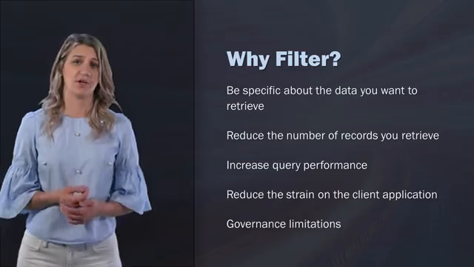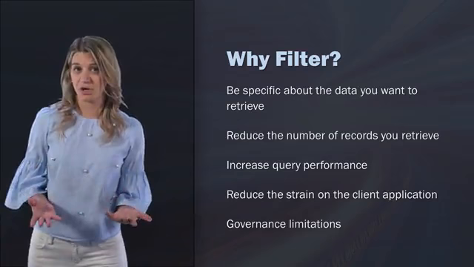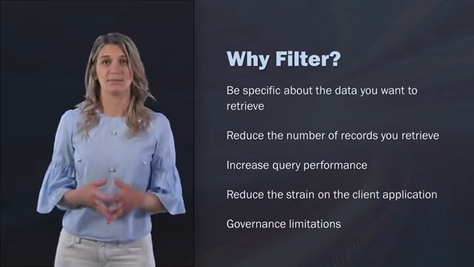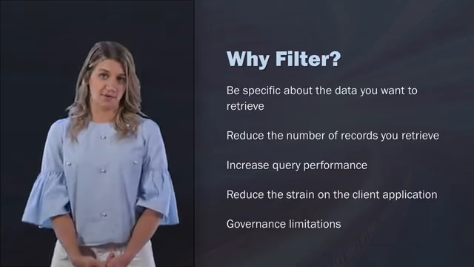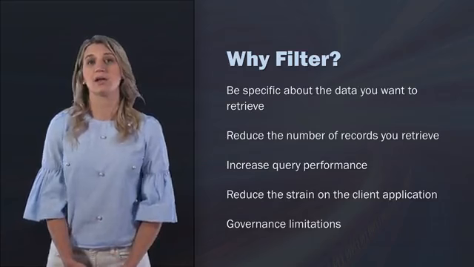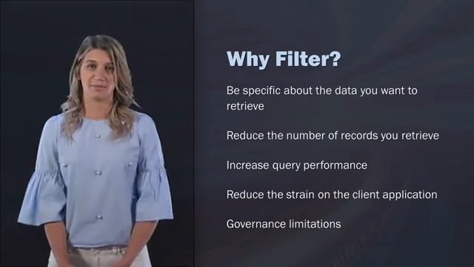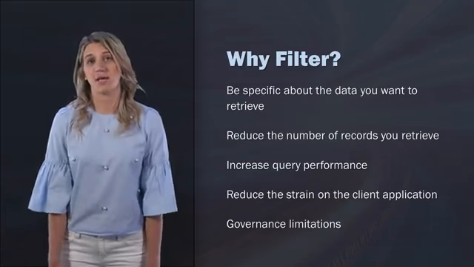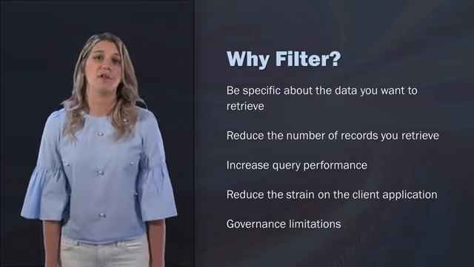Reducing the amount of data you're analyzing will of course speed up the query performance, which in turn will speed up our overall processing. It also helps when we add the filtering at the database level because this reduces the strain on the client side of the application, which will also allow it to run better. Before you pull a whole table into a program like R to start doing analysis, filter that data down.